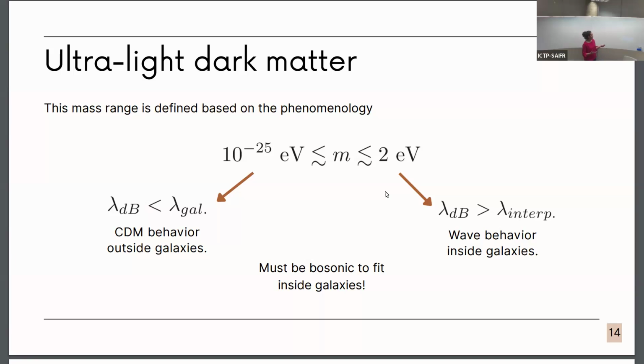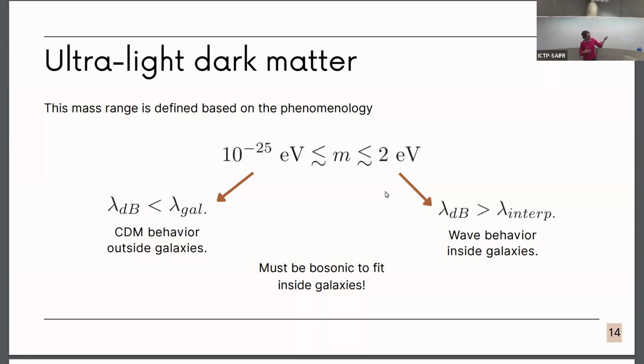And on the other side, we want to see this wave phenomenology. So we impose an upper limit for the mass that says that the de Broglie wavelength must be bigger than the interparticle distance in order that this wave phenomena will appear.